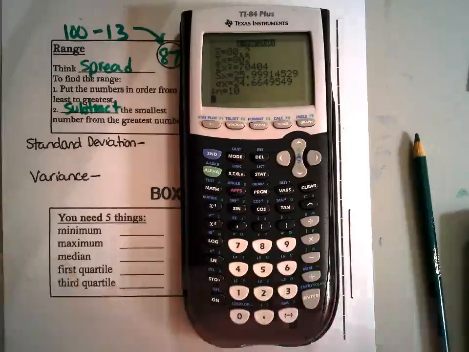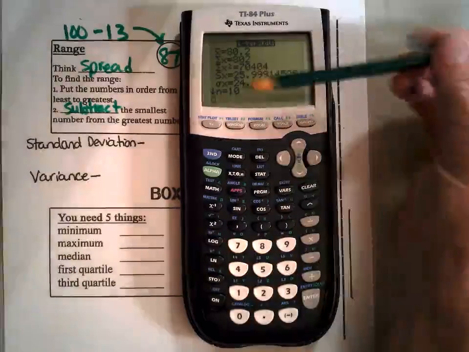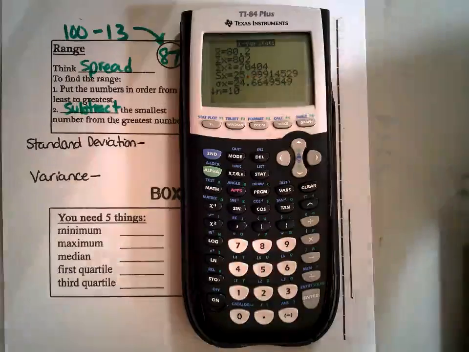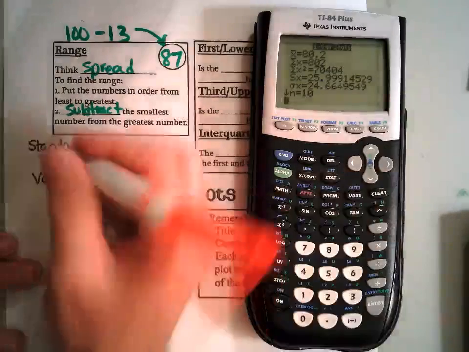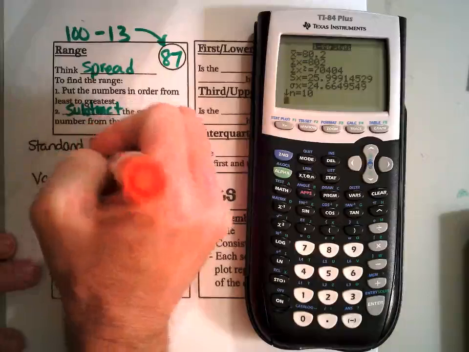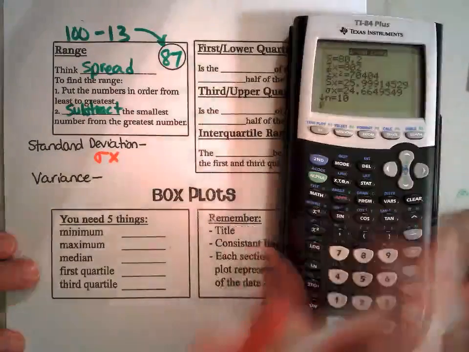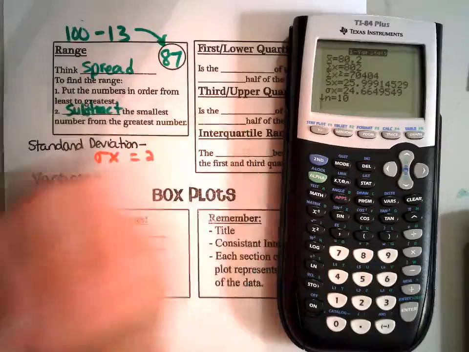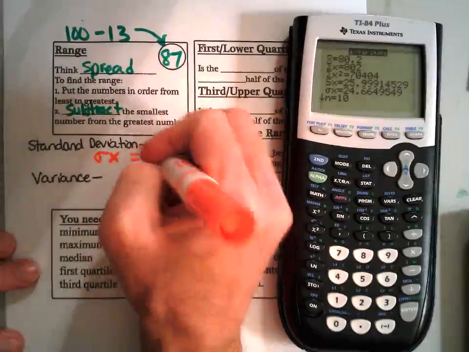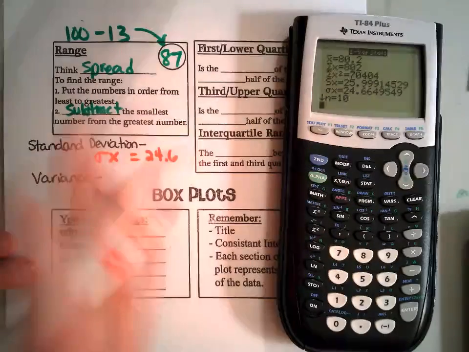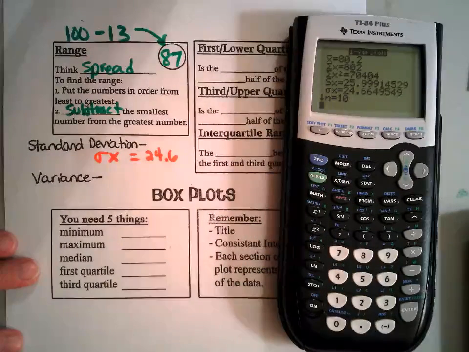But what you're looking for in the calculator is this small little sigma right there. So our standard deviation for this problem is 24.6. Yeah, 24.7, but I'm going to leave it at 24.6 because I've already written that down.